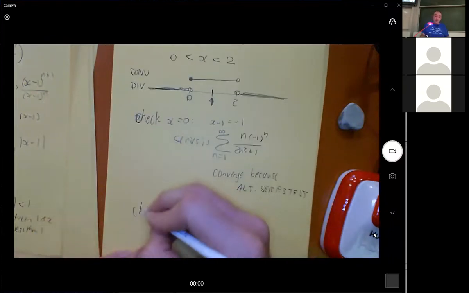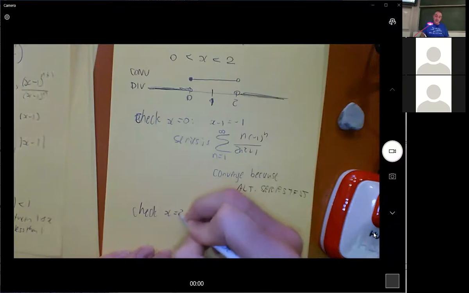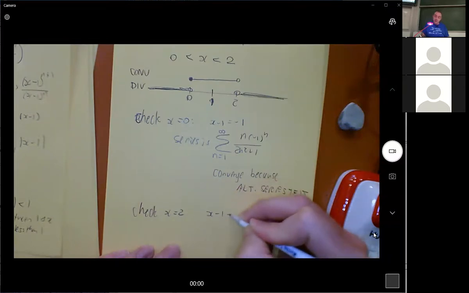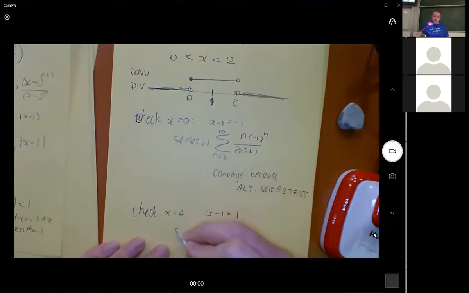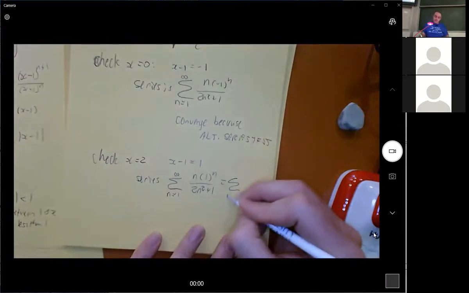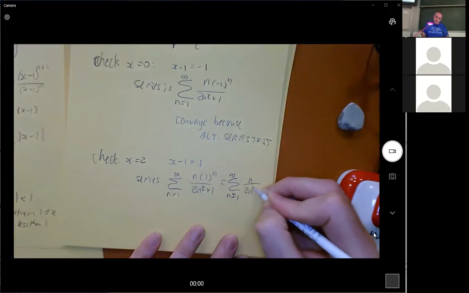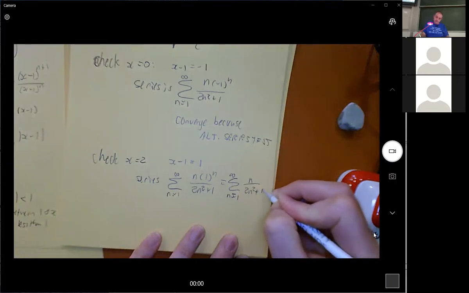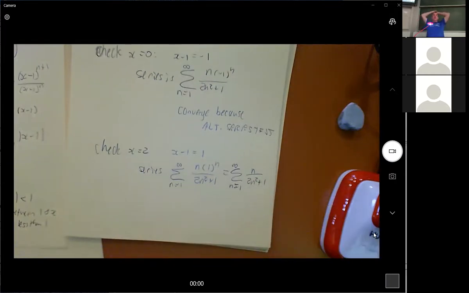And now we check the other end when x is equal to 2. Then x minus 1 is equal to 1. And so the series becomes the sum from n equals 1 to infinity of 1 to the n times n over 2n squared plus 1. And you don't have the tools to tell whether that converges or not.